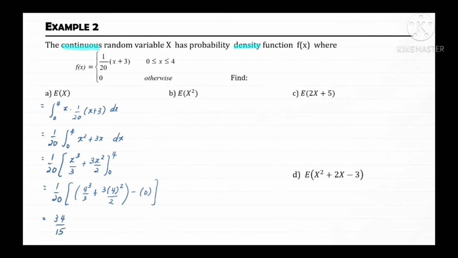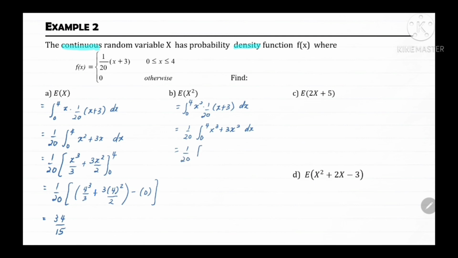B, expectation of x squared. Again, expectation of x squared is the integral from 0 to 4 of x squared times 1 over 20 (x plus 3) dx. So 1 over 20, 0 to 4, x squared times x is x cubed plus 3x squared dx.